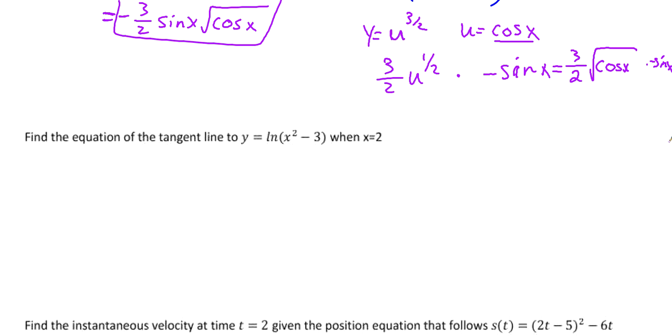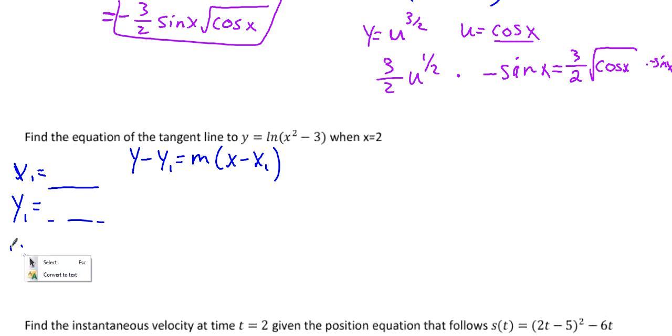Okay, so we're dealing with a tangent line problem. Okay, so remember, the tangent line equation is y minus y1 equals m times x minus x1. And I need x1, I need y1, and I need the slope to finish my equation. Well, they gave me x1. x1 is 2.